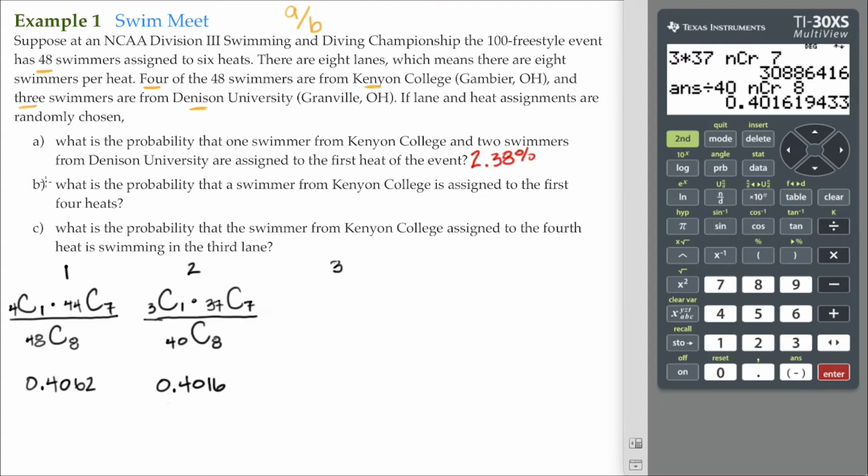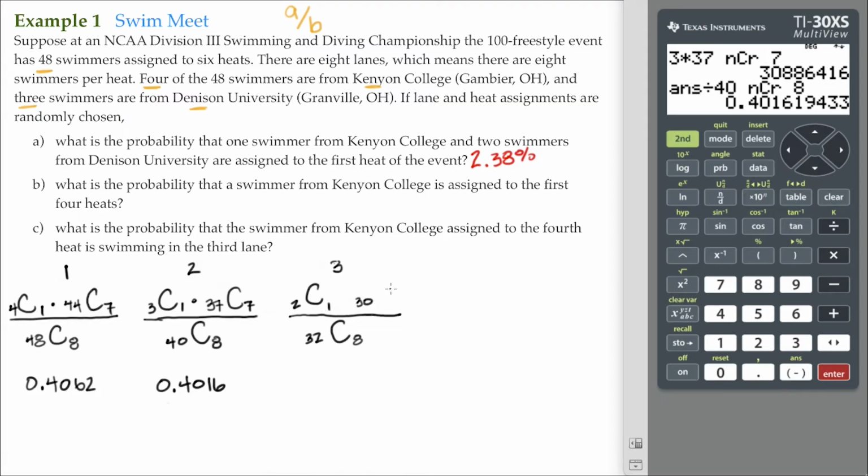So hopefully you can see what the problem is asking, and we have to be able to build our scenario from there before we can use our calculator. Our calculator will work provided that we built our scenario properly. We built this ratio to reflect what's going on. Again, we have 8 fewer swimmers. So our sample space, our denominator, is now going to be 32 choose 8. We have one less swimmer for Kenyon. We now have 2 choose 1. We have 8 fewer swimmers to choose from here.